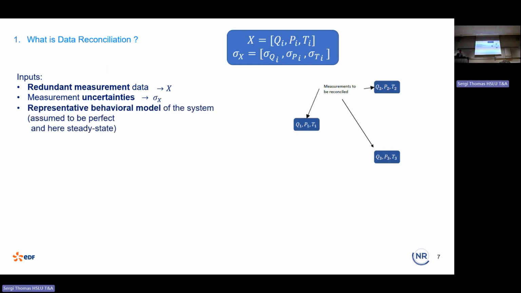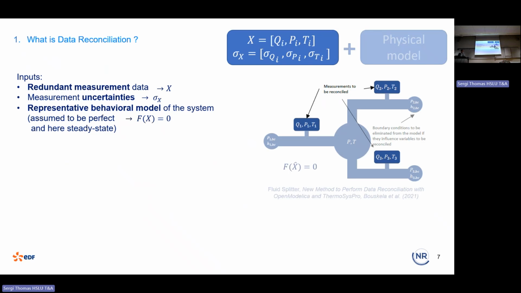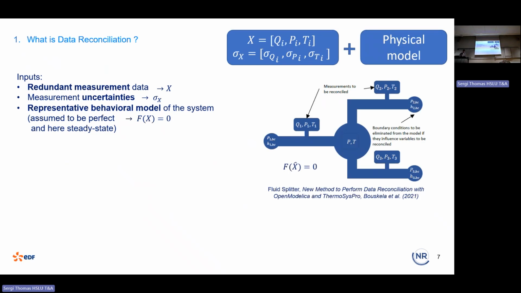You also need a model to represent and to bind those measurements together, described as f of x is equal to 0. If I stick to an example, for instance, a fluid splitter, a pipe dividing in two other pipes, the equation behind it, if I stick to the mass flow rate, is quite easy. It's the conservation of mass between the flow rates in the different pipes.